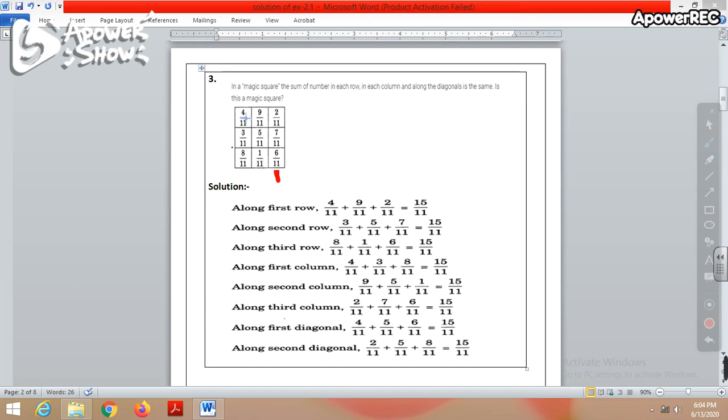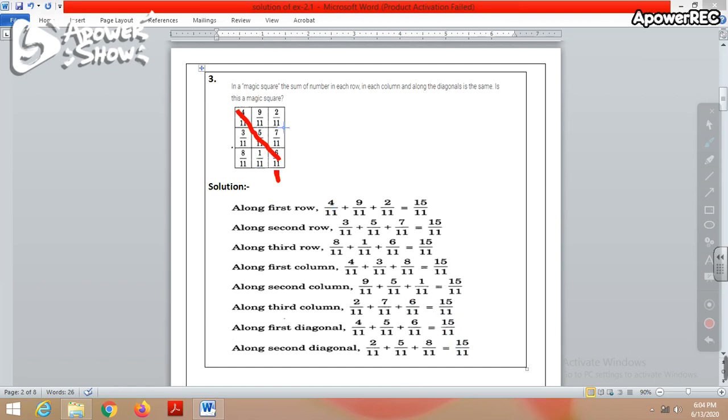First diagonal means I am taking the numbers along this diagonal. So the numbers are 4 by 11, 5 by 11 and 6 by 11. So we are adding 4 by 11, 5 by 11 and 6 by 11. We get 4 plus 5 is 9, 9 plus 6 is 15. So the answer is 15 by 11. So along my first diagonal the sum is 15 by 11.